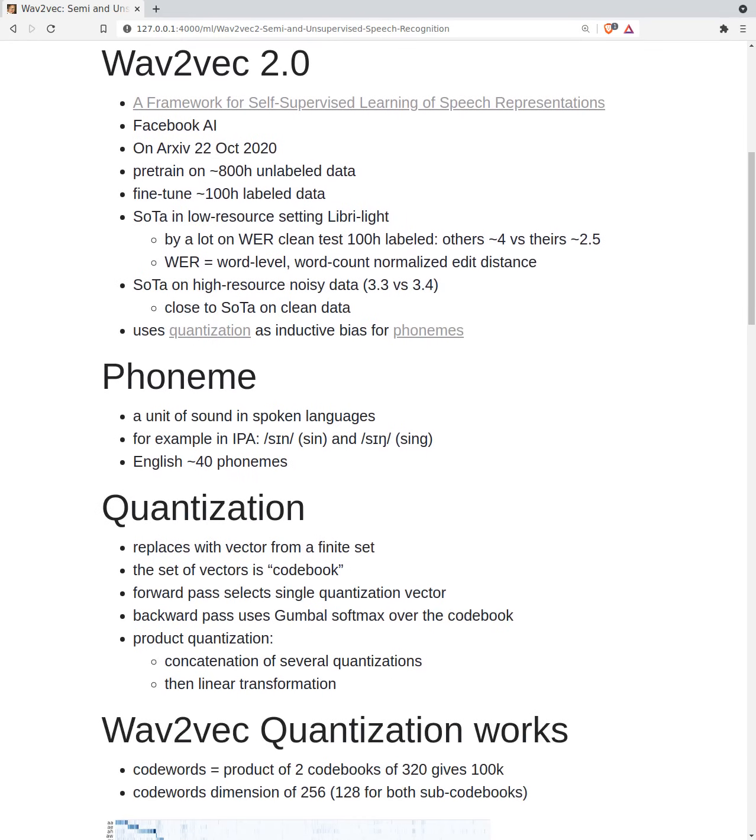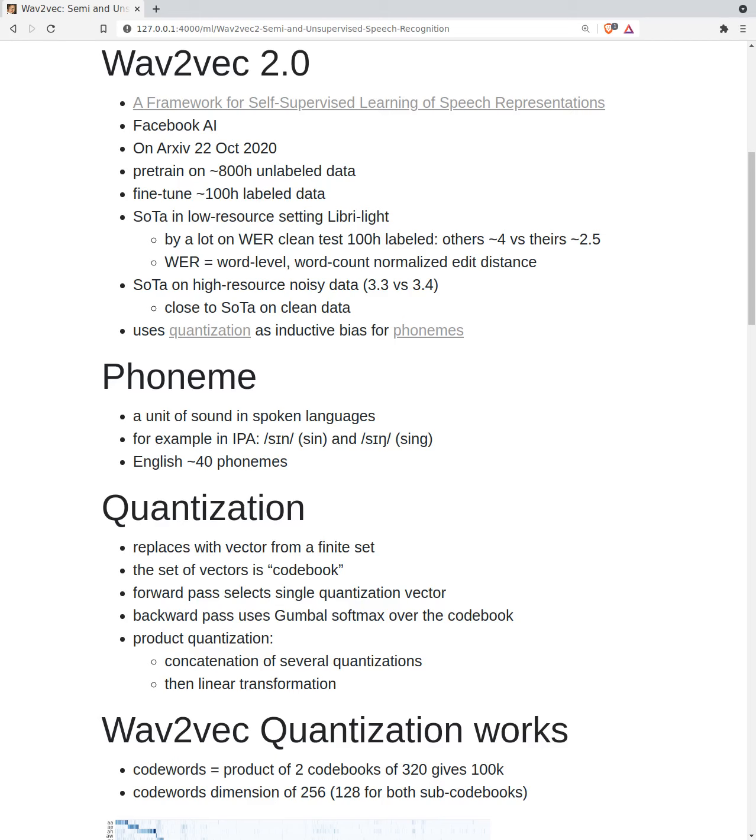Alright, Wav2vec 2 is one of the super interesting papers that look into this area. It's from Facebook AI. It's a framework for self-supervised learning of speech representations. It was released on arXiv on 27th of October 2020. What they do there approximately is that they pre-train on a large amount of unlabeled data, and then they fine-tune on 10 times or 100 times less data.